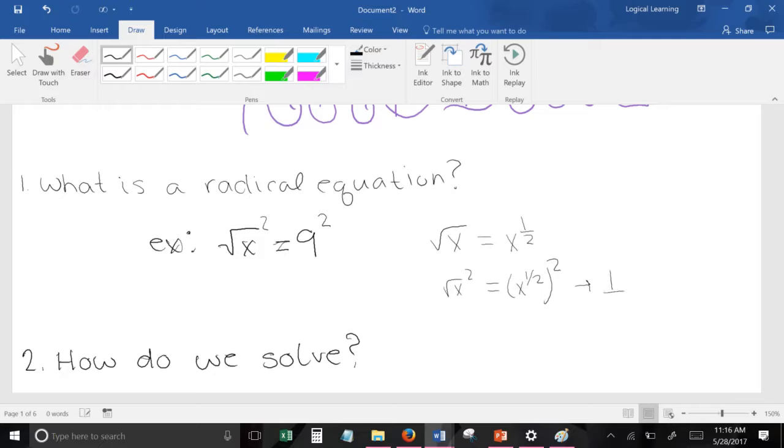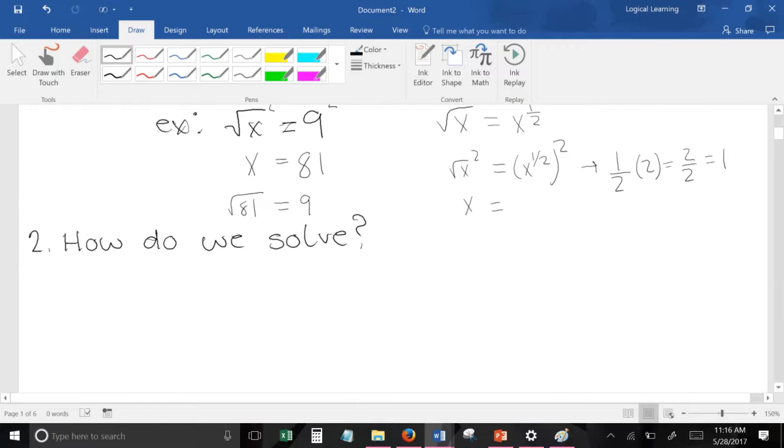We multiply, so that's like 1/2 times 2, which is 1. So we're just going to get x, and over here we have 9 squared is 81. And we can see that the square root of 81 does in fact equal 9. So that is the correct solution.